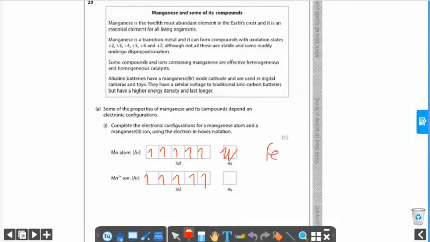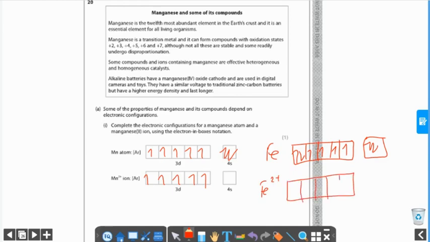If you take just iron, you have 4s2. This is iron. So if I am to write iron 2+, that will be this, unstable. But iron 3+ is stable. Iron 3+ is stable.